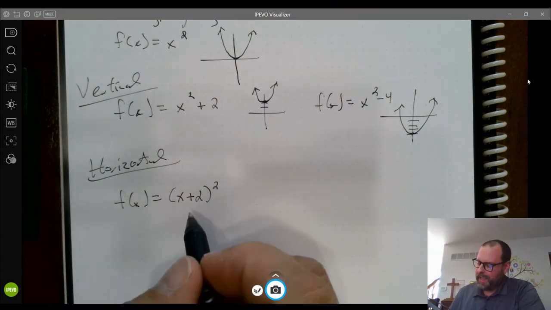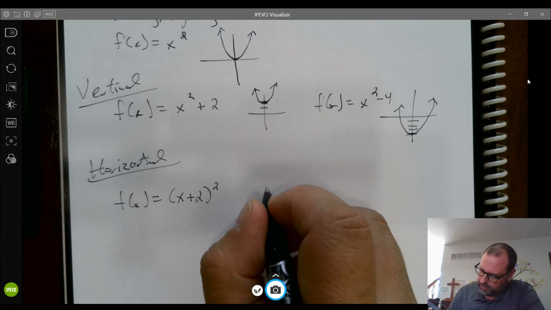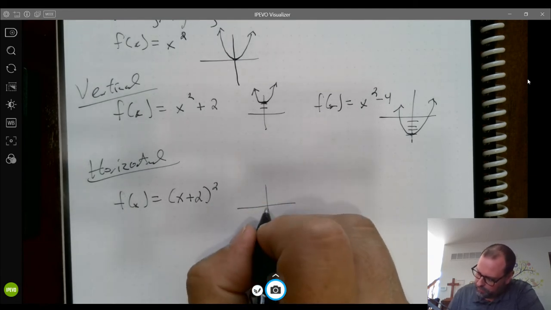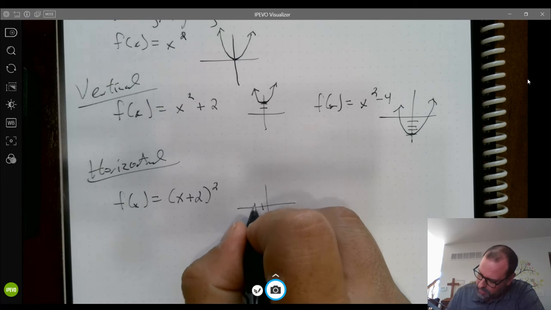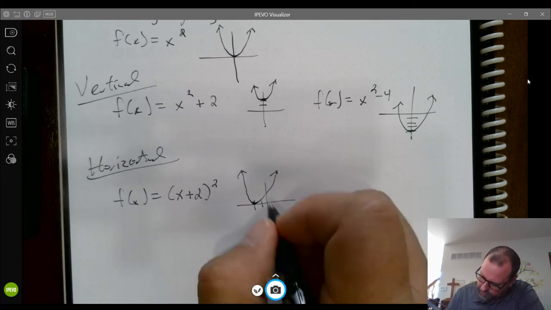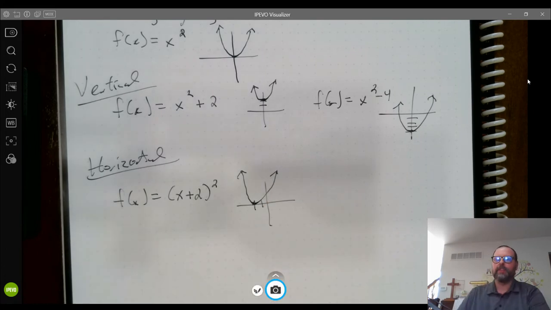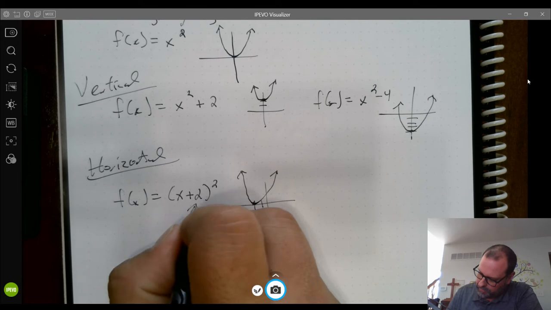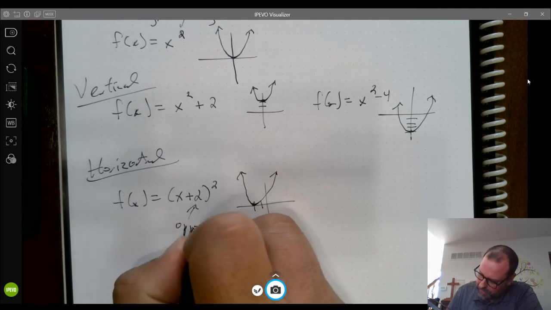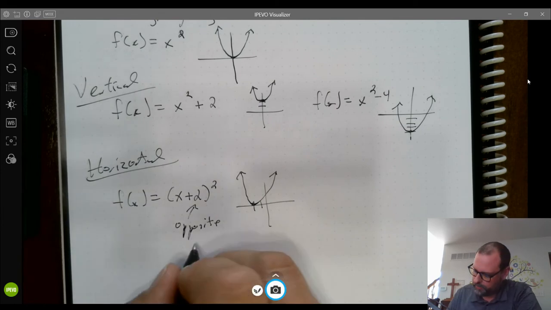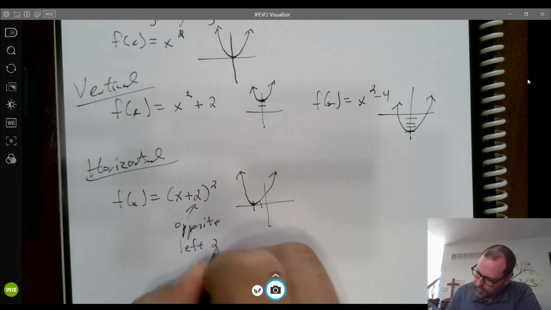So if you have something in parentheses, now we're not going to plug in every one of these, but if I were to graph this, it would not move right 2, it would actually move to the left 2. So when you see it in parentheses, it is going to move the opposite of what you see. So instead of plus 2 being right 2, this is left 2.